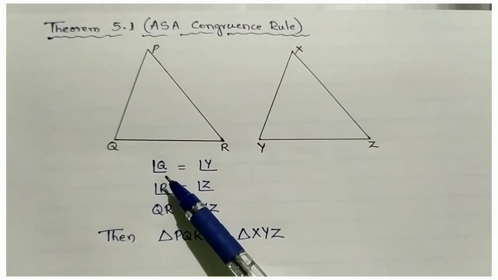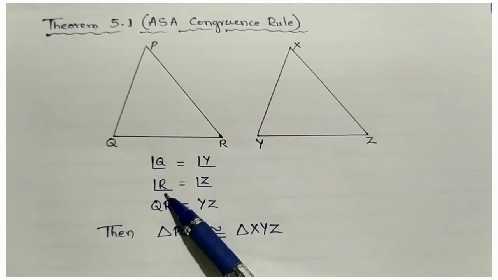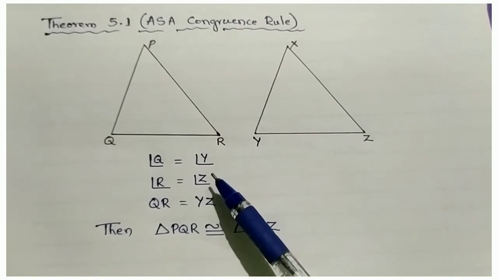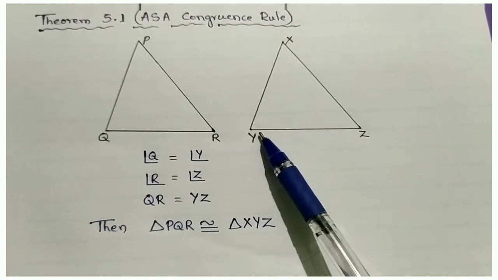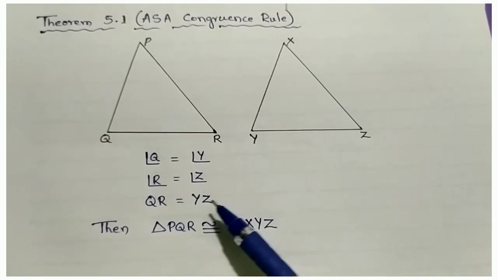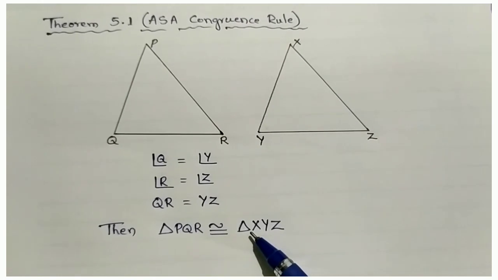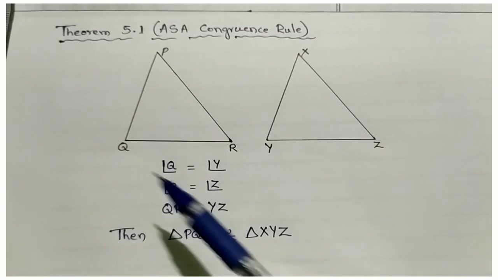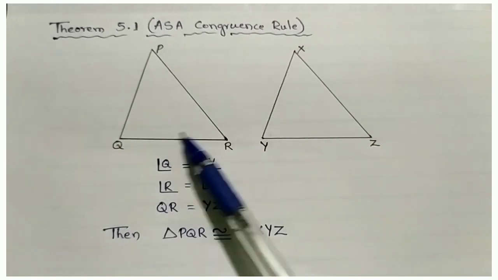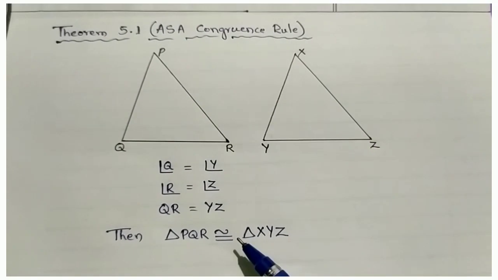Angle Q equal to angle Y, angle R equal to angle Z, and the included side QR is equal to YZ. Then we can say triangle PQR is congruent to triangle XYZ. That is called the angle side angle congruence rule.